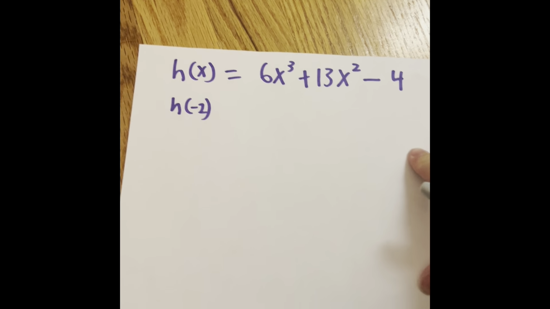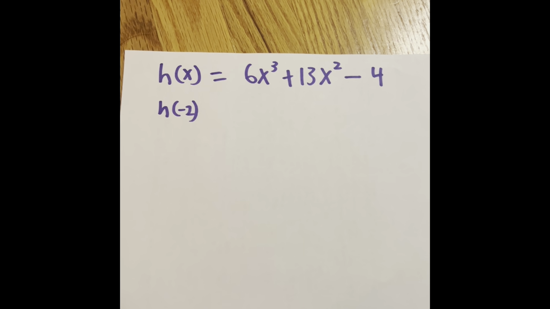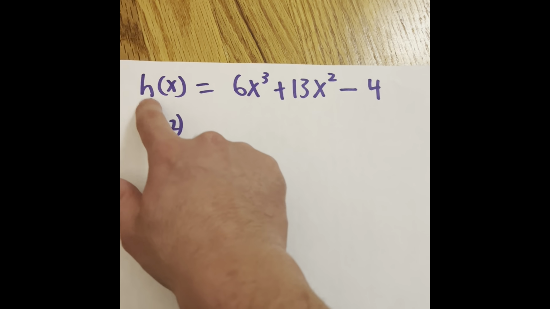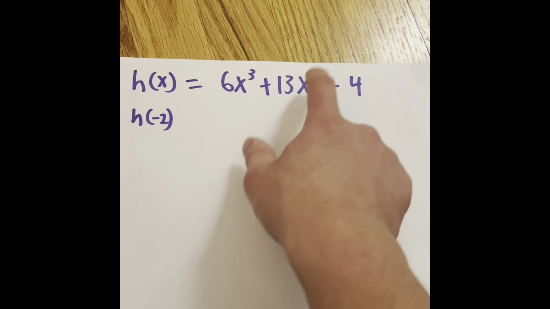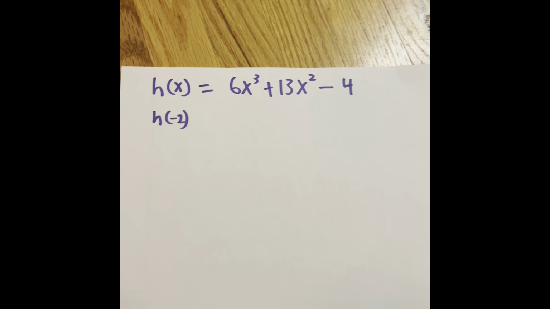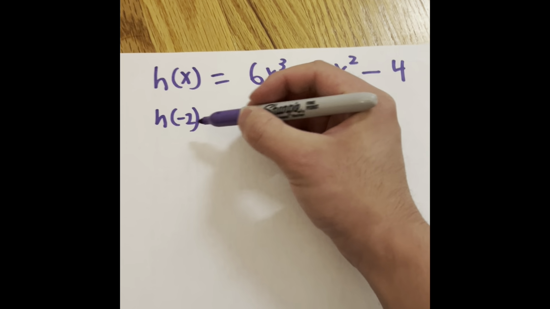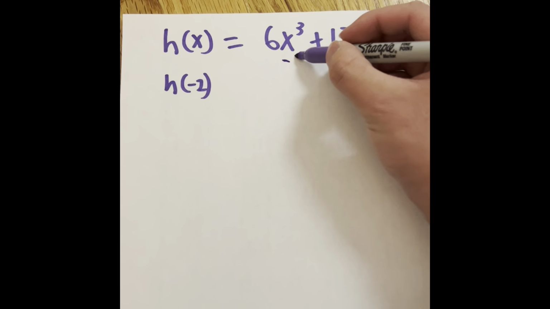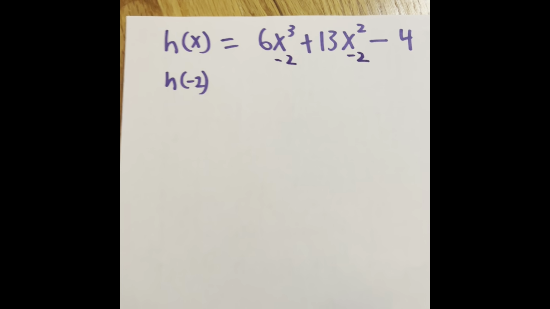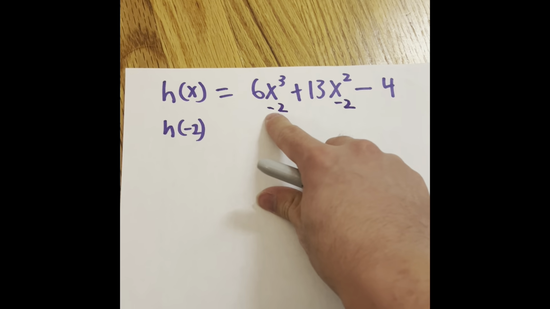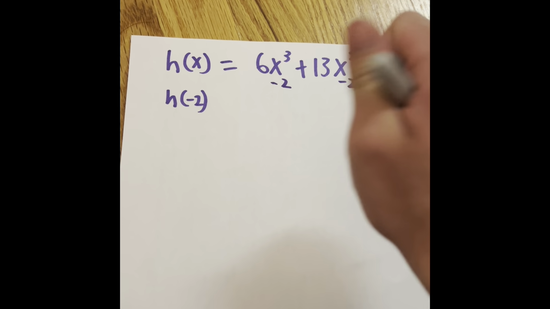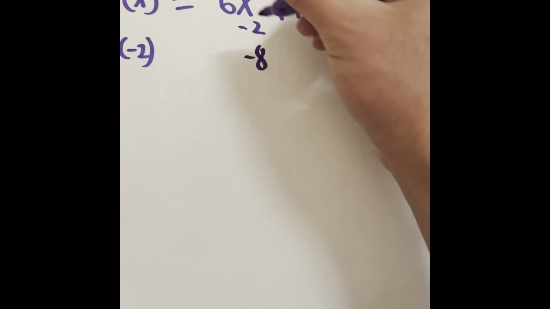So right over here is the third clue. The h of x equals 6x to the power of 3 plus 13x to the power of 2 minus 4. And what we really have to do is insert that negative 2 in here and here. So here's what really has happened. Negative 2 to the power of 3 is negative 8.